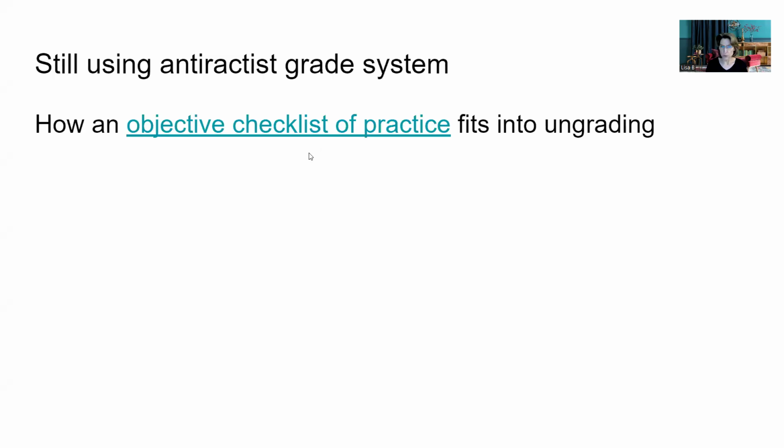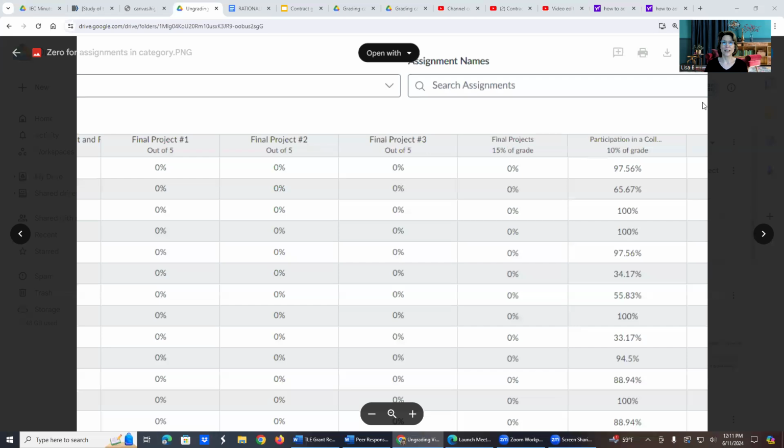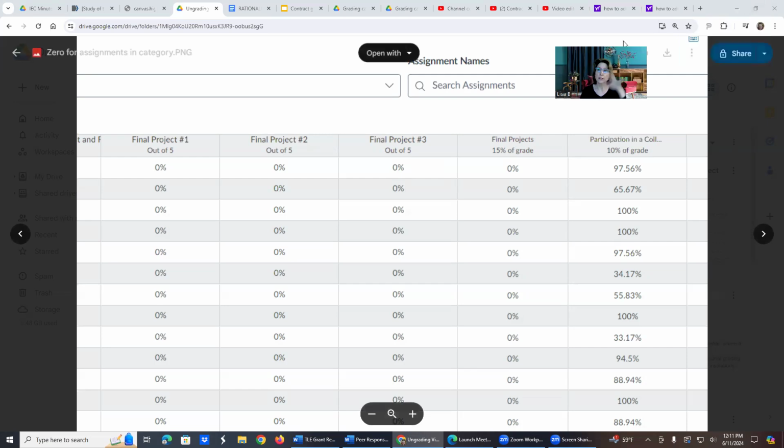Okay, so before I do that, I want to just show you again my two systems for this. So here, for example, if you want to put a 0 in that category in the beginning, you have to preload it with whatever assignments they need to do to get that 3.5 to 4.0 grade contract. So in this quarter, I call them final projects.